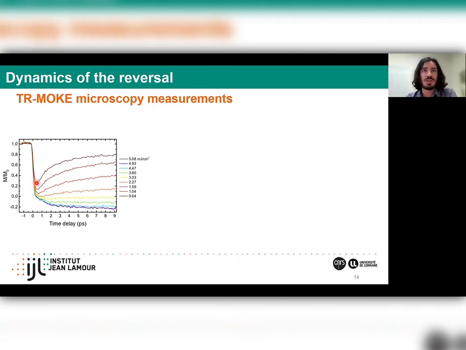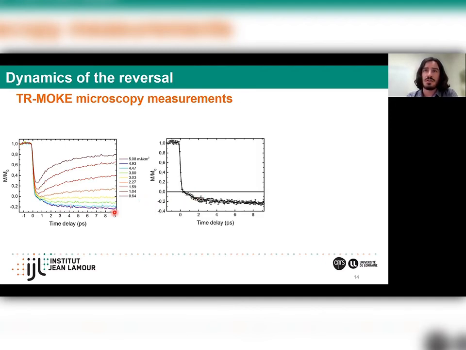At low fluences, I retrieve the usual ultra-fast demagnetization behavior. But as the fluence is increased, I start reversing the magnetization. And here for the highest fluence, we manage to reverse 20%. So we reverse the magnetization and retrieve 20% of the magnetization amplitude after a few picoseconds.